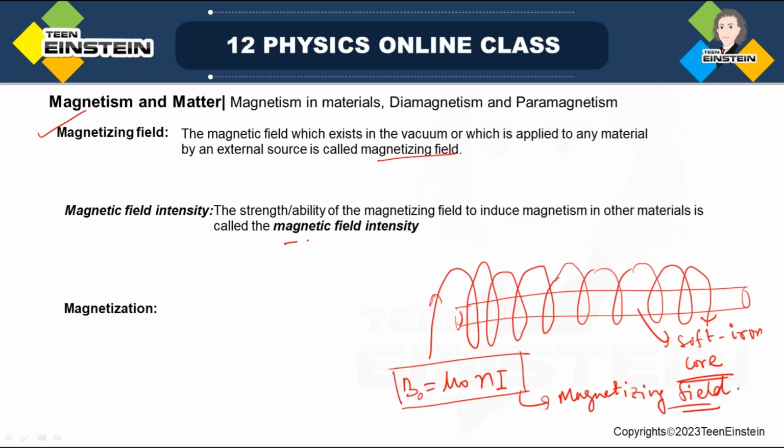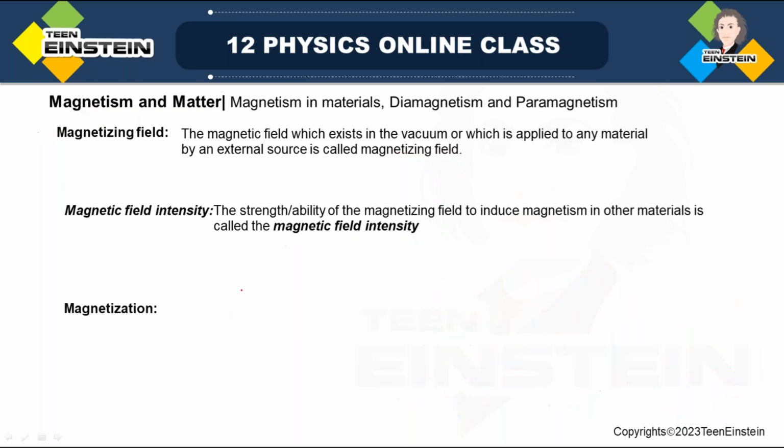is called magnetic intensity. So what is magnetic intensity? Magnetic intensity is the strength or ability of the magnetizing field to induce magnetism in other materials.